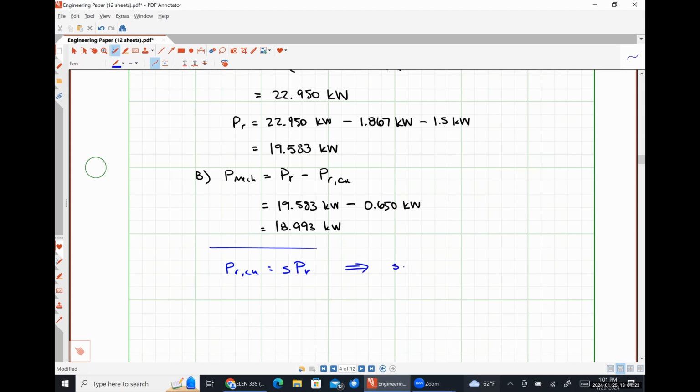So our slip is literally just going to be our copper losses in our rotor divided by the total power delivered to our rotor. Right, which should be some very small number. So 0.65 divided by 19.583 means this motor was working at a slip of about 3.3%.